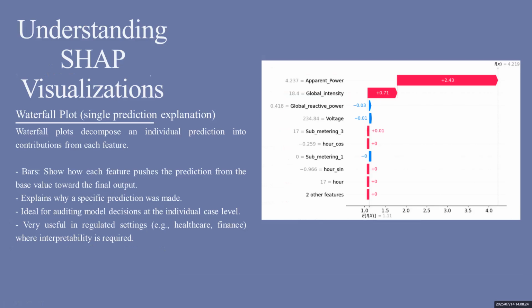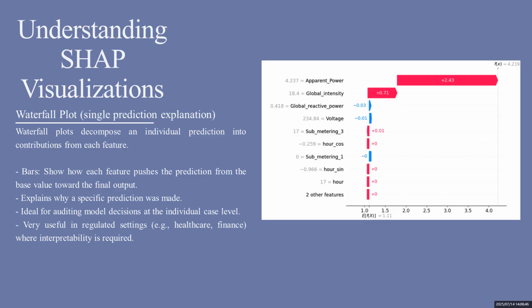We could see that if we put that together, we have a very huge and great impact on the model prediction. This is a very nice plot that shows that the global reactive power has a negative impact, because you could see the value is negative, and then voltage has a negative impact as well.